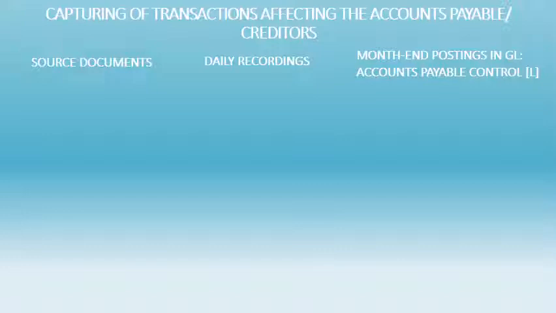Let us first look at the process to be followed in capturing the source documents, by incorporating the knowledge we have gained previously: analyzing the source document, showing the daily recordings at the date of the transaction, and posting of the totals at month end in the accounts payable control in the general ledger.